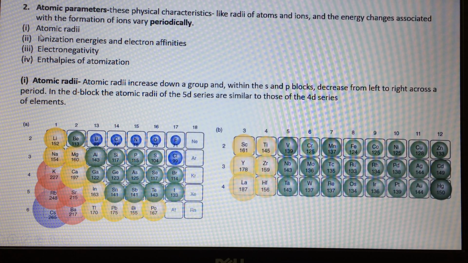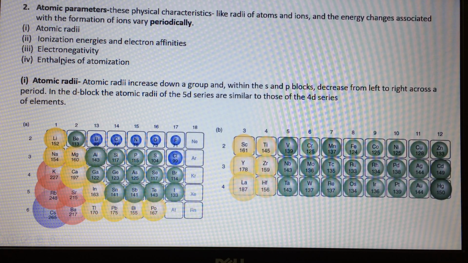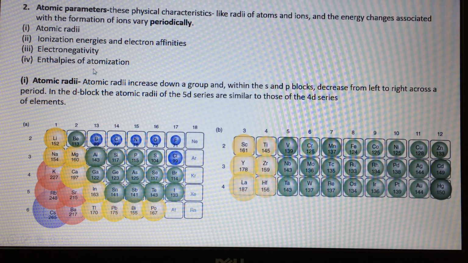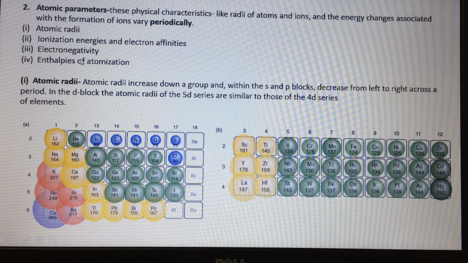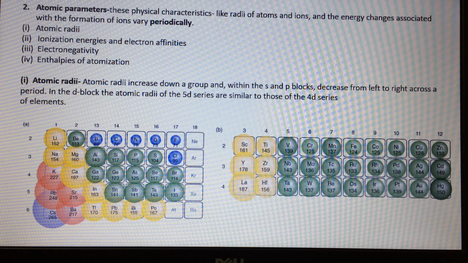First, atomic radii, ionization energy, electron affinity, electronegativity, enthalpy of atomization. These properties are the most important for competitive exams.